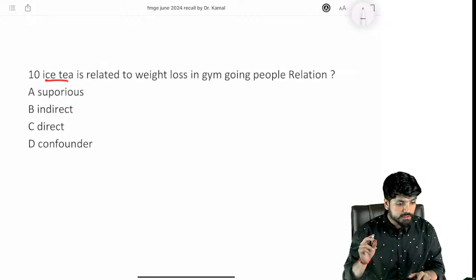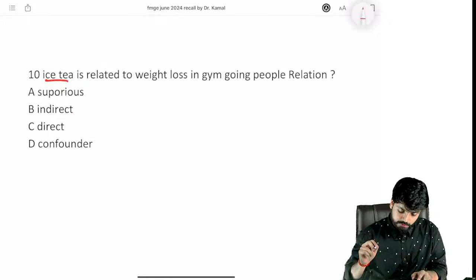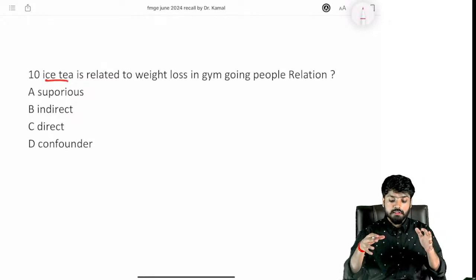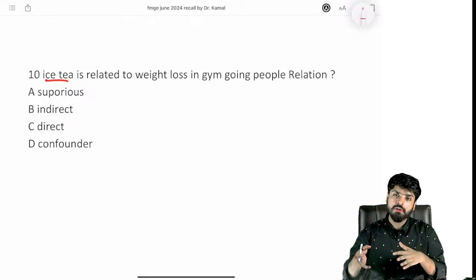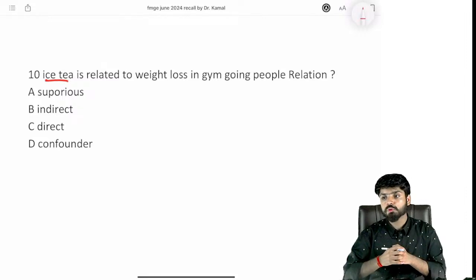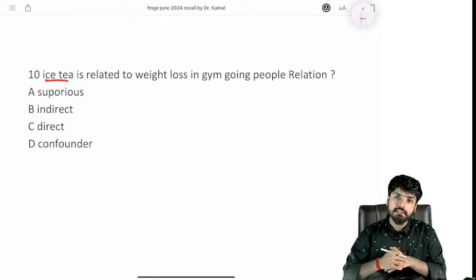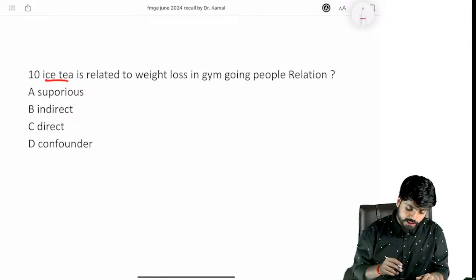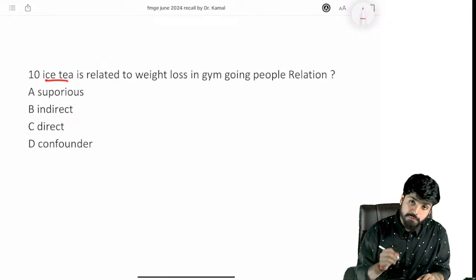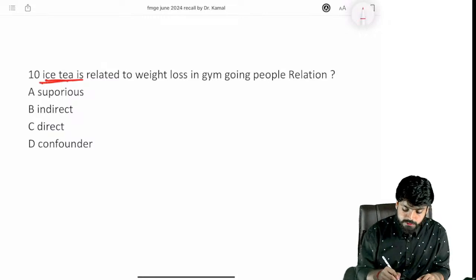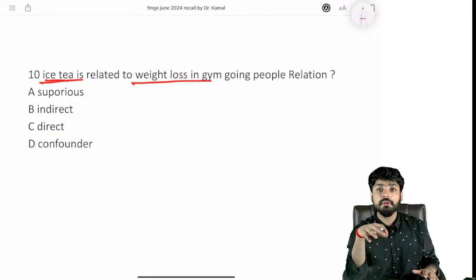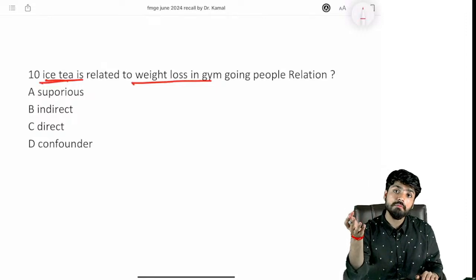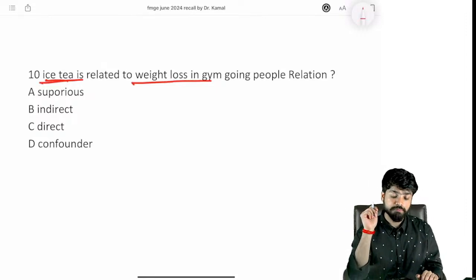See, this is a question that I was very interested in. A gym owner said that those who come to the gym and exercise also drink iced tea. One thing I came across was that the gym owner said iced tea is related to weight loss, or that the people losing weight in his gym are doing so because of iced tea.